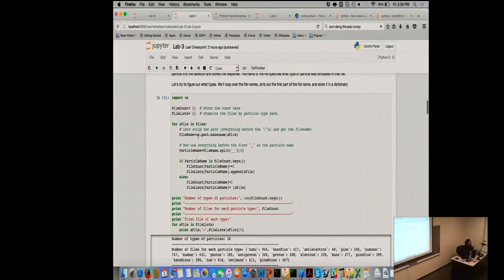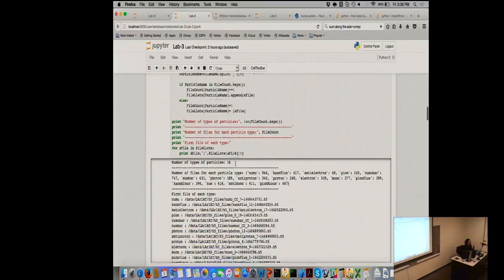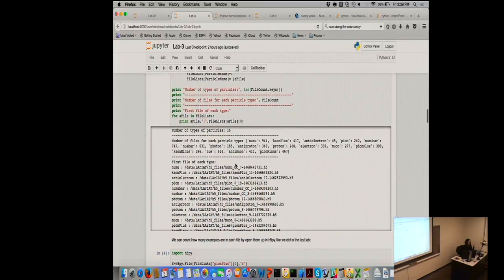This is the way we are loading the files, and the name before the underscore is the name of the particle. So we are grabbing that, and if we print it, we see that we are getting the information for each type of particle, with the first file of that specific name.